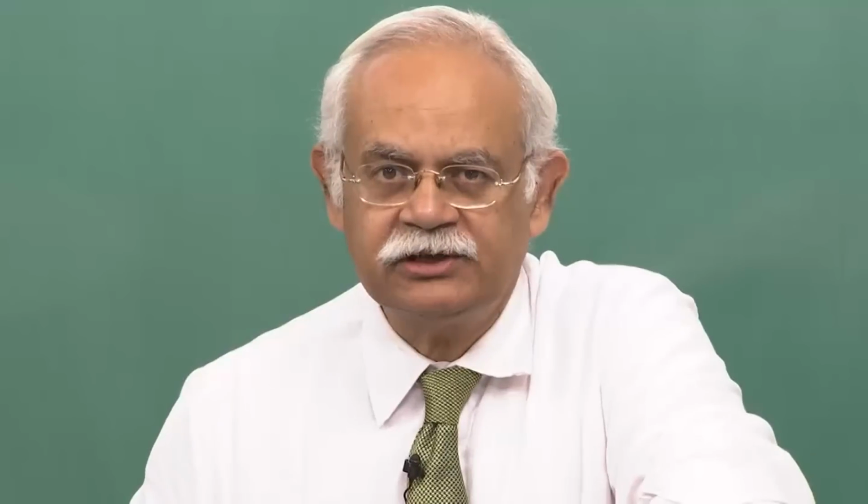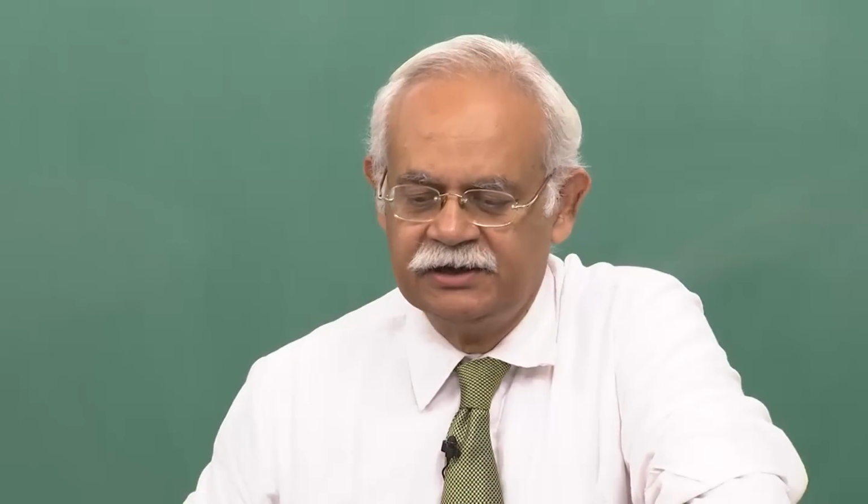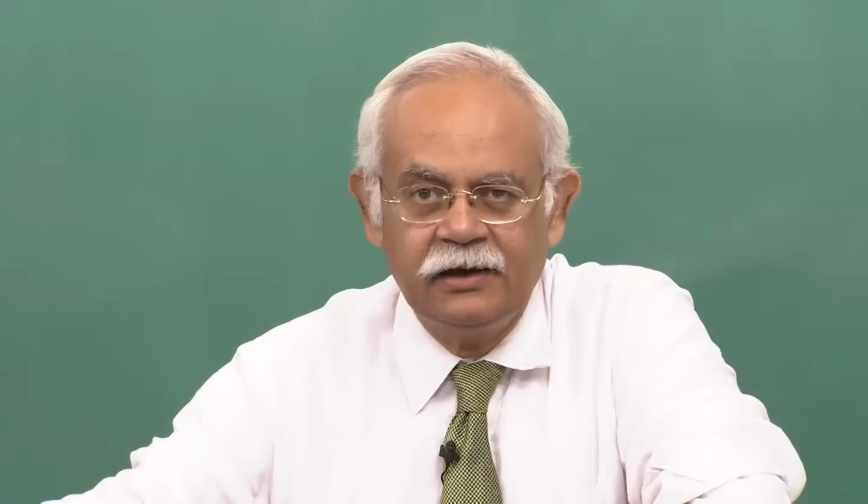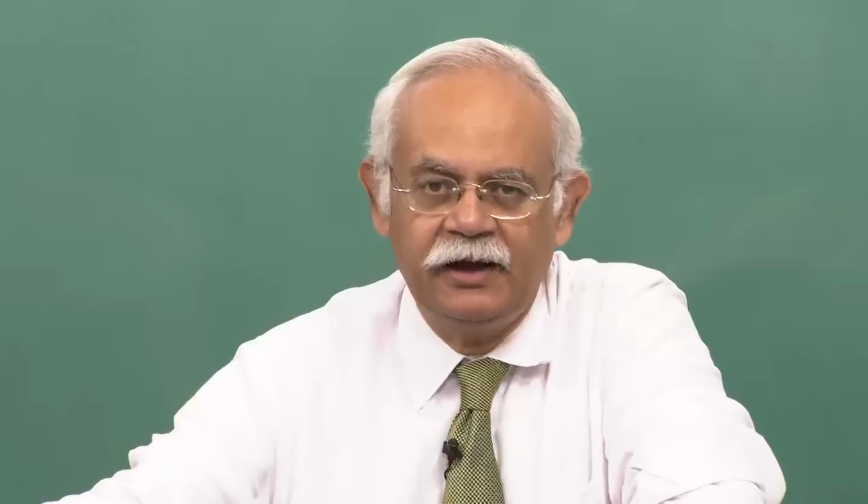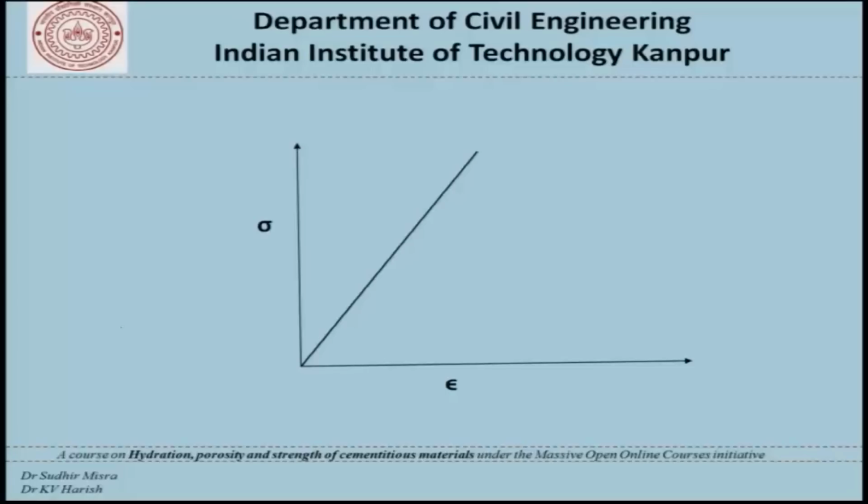And before we close the discussion on the stress strain curve, let me just spend some time and talk about this curve a little differently. So now here is a stress strain curve which is linear. What it basically says is that for a particular level of stress there is a particular unique level of strain and vice versa.